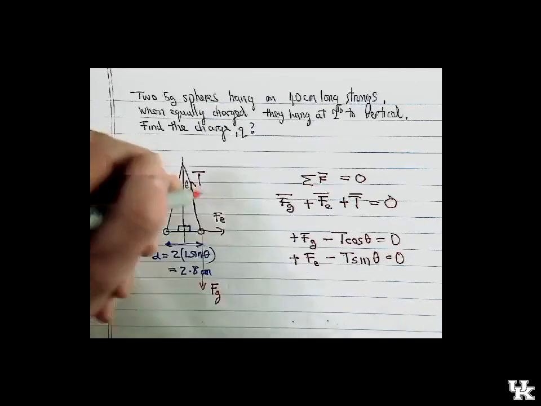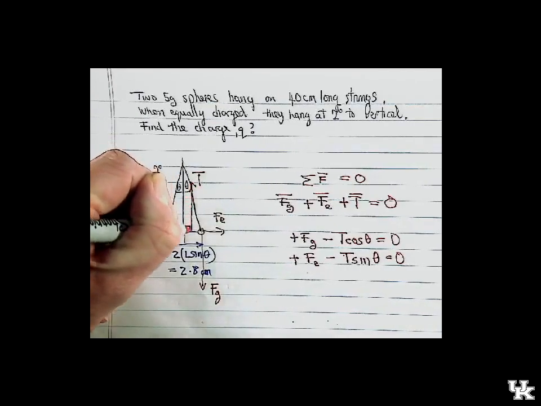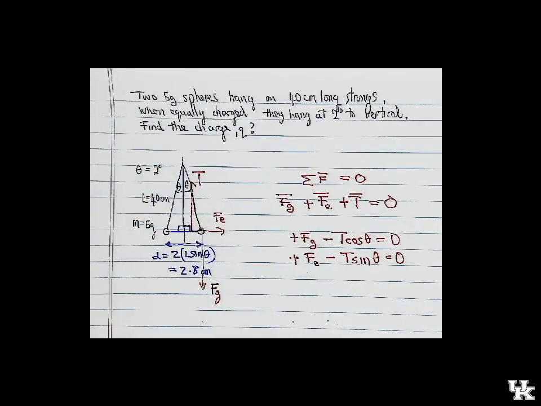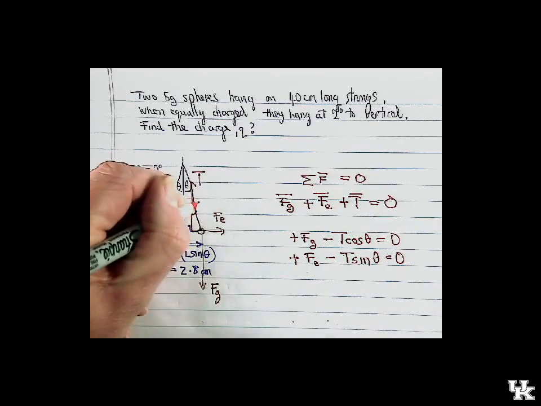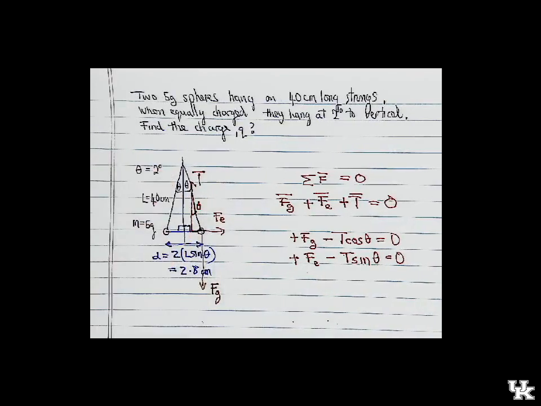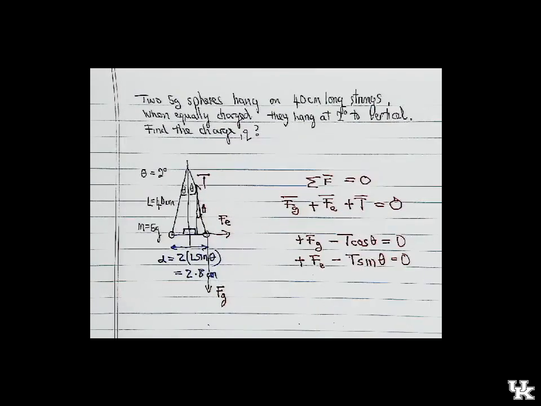Now, the amounts of tension in the two equations are determined by the angle of the string and the angle of the tension force. That's theta. So the tension force in the vertical direction, which is the direction next to the angle, is going to be T cosine theta. That's how we pick that out.